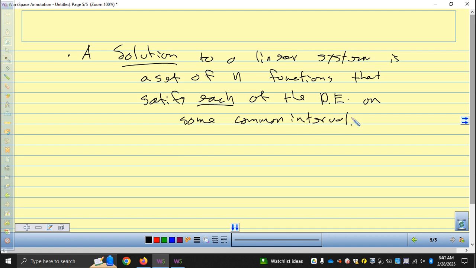So just as we'd expect, the solution is a set of equations that when we plug them into the original differential equations, satisfies each of them simultaneously. And that's what we're interested in this chapter. How do we find those solutions?